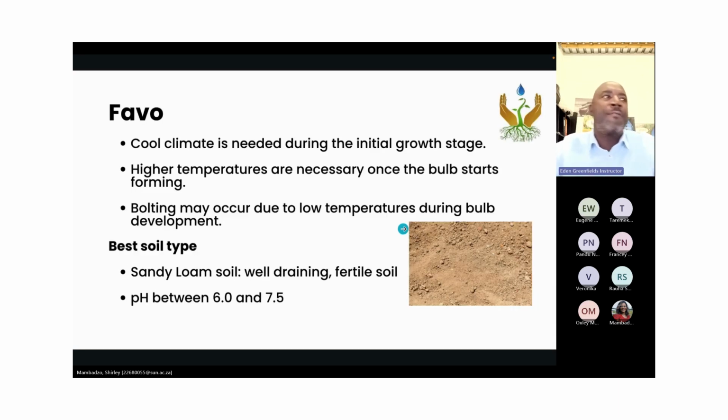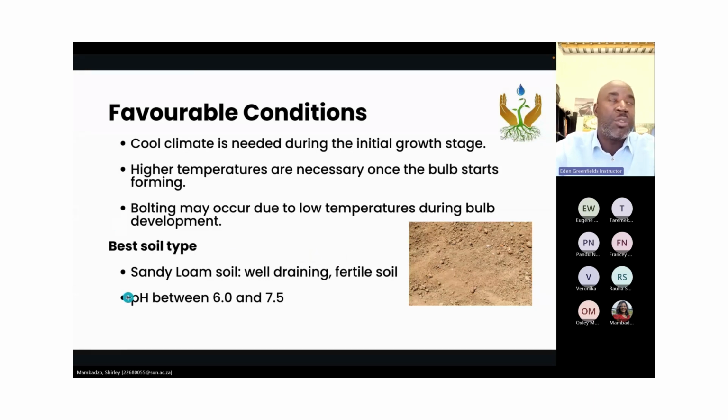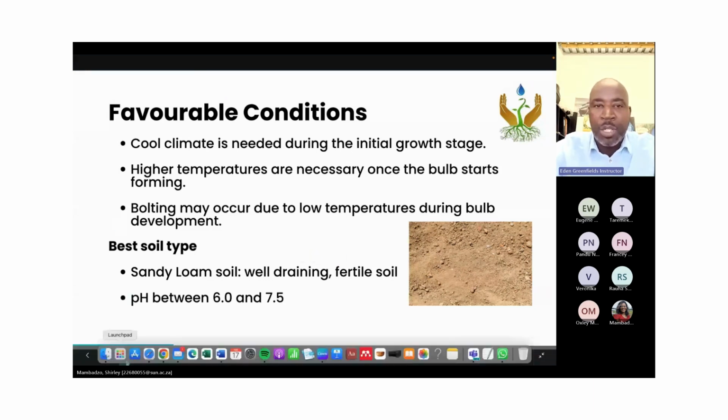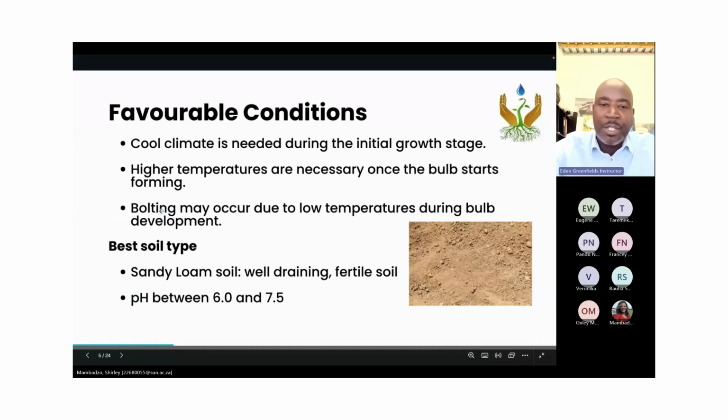So before we start with the favorable conditions for onions, I would just like to give a chance to one or two people to tell us whether they have been growing onions and what has been their experience so far. You are welcome. Any two people, please raise your hands.